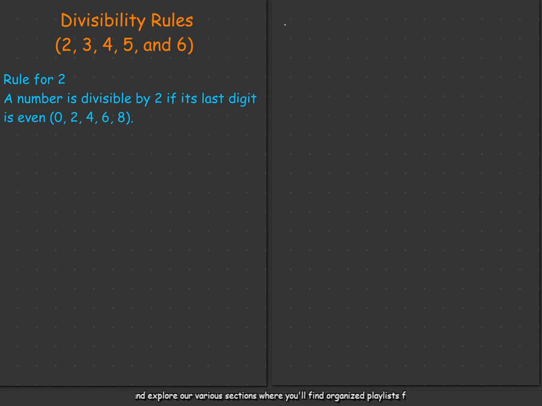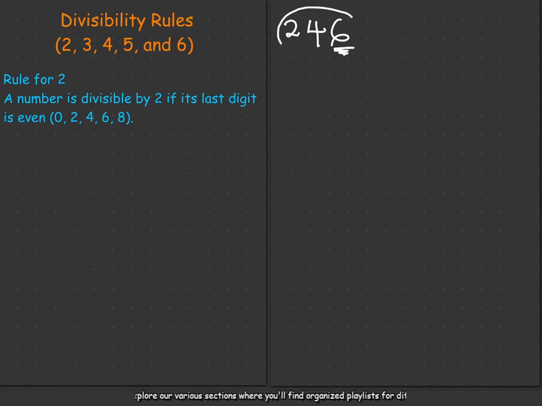For an example, if we take 246, this here is the last digit. So far as it is even, then we can say that this number is divisible by 2. The most important thing is you checking your last digit. If the last digit is even, the whole number is divisible by 2.